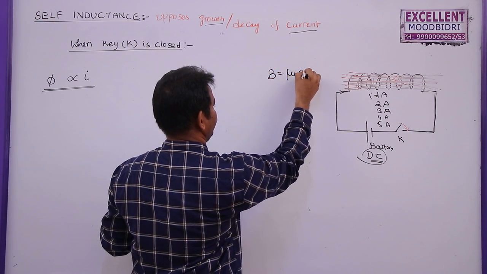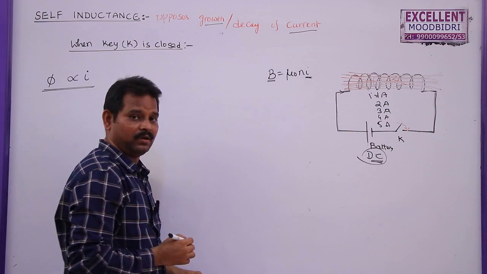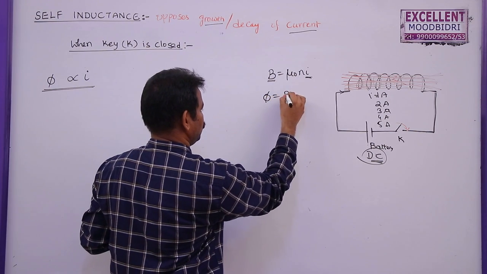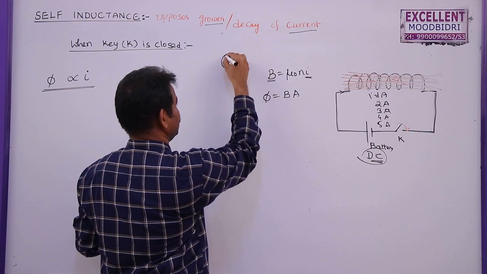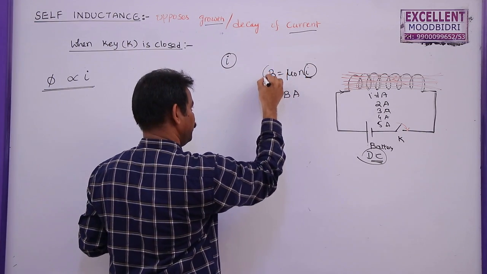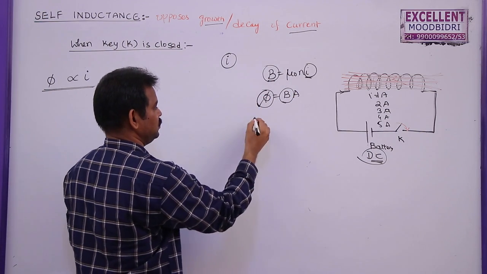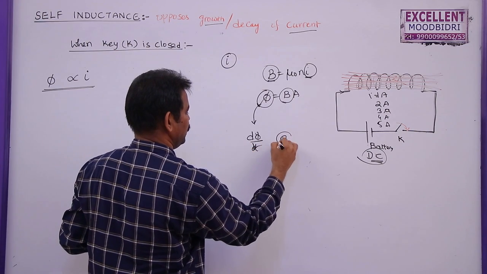Magnetic field is going to be mu naught n i. So whenever current increases, magnetic field induction through the coil will increase. We know that flux phi is equal to B into A. First when I changes, B changes. When B changes, the flux changes. When flux changes, EMF will be induced here.